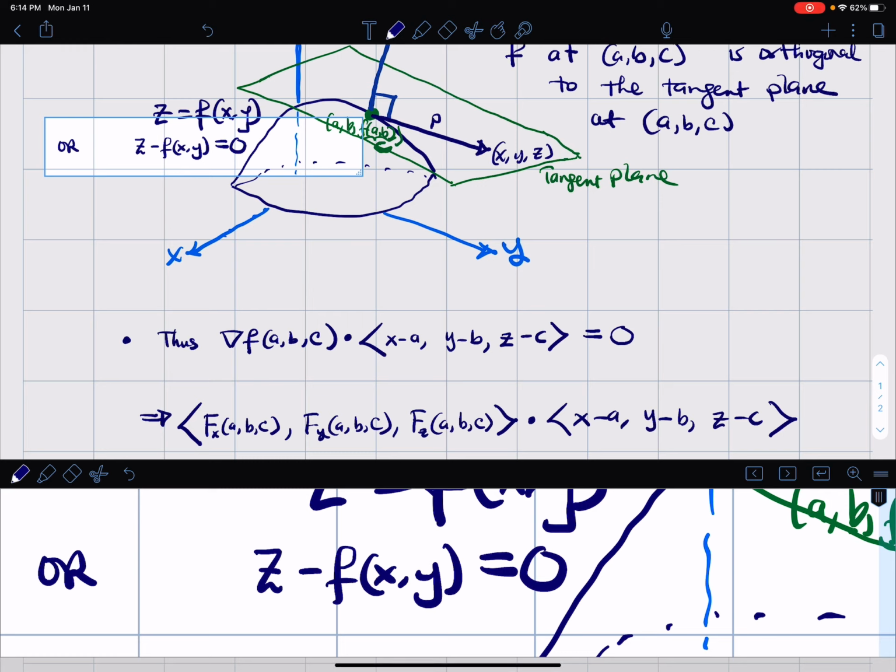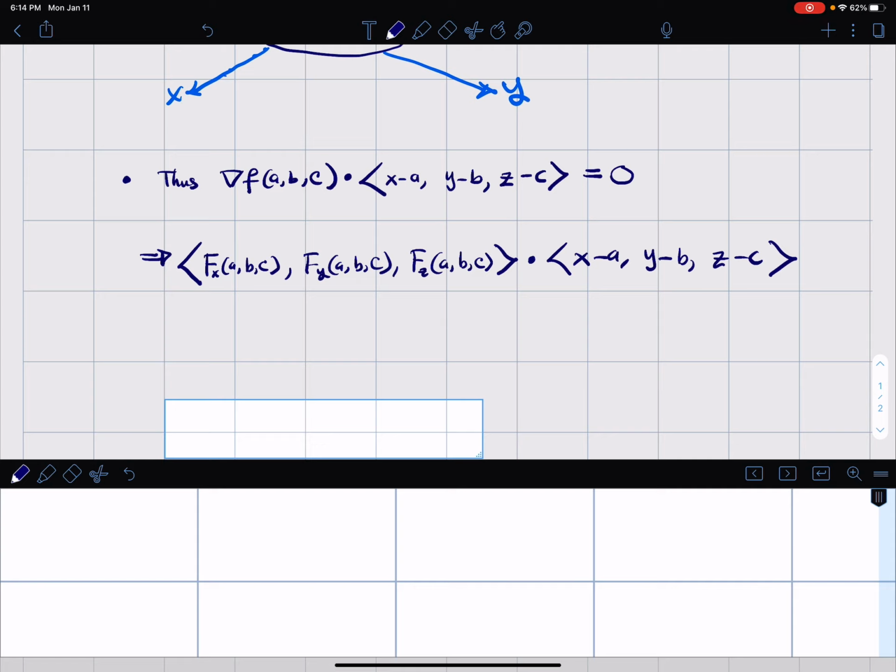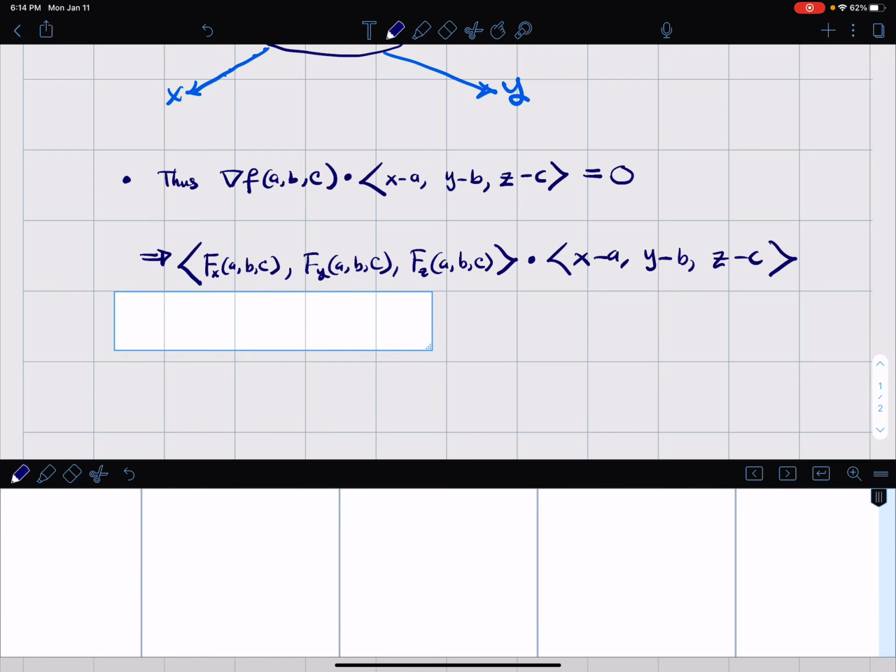We can do that, just bring it to the other side. So what I'm calling capital F is this function z minus f of x, y. Because we're dealing with a gradient of three variables, we need a function of three variables.